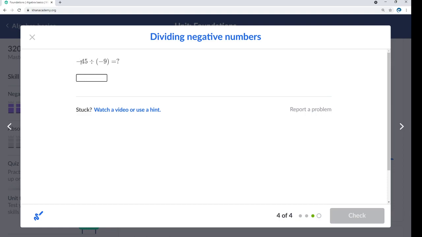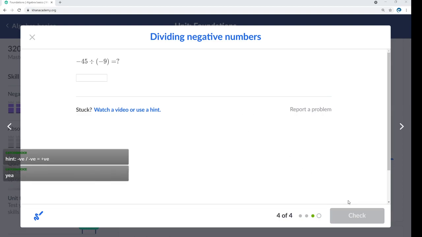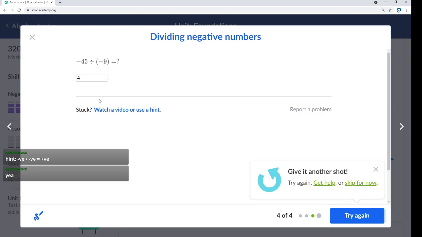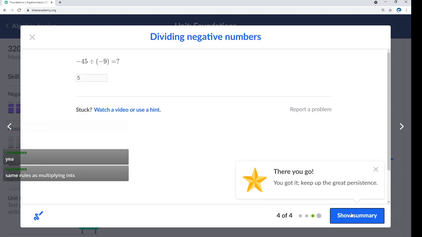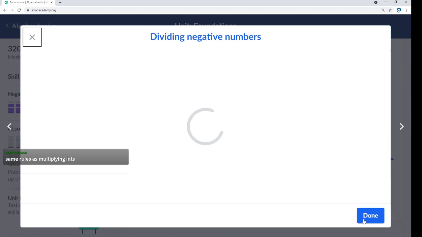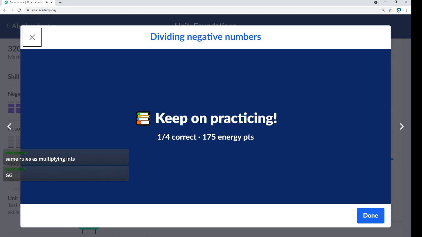Okay, I think if you divide a negative number by a negative number, it's a positive number. I'm pretty sure. Yeah, I got that one, at least. So it's 4, right? No, it's 5. Yeah! Woo! Okay. This was not my best go.